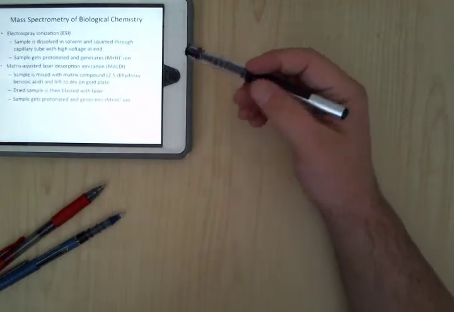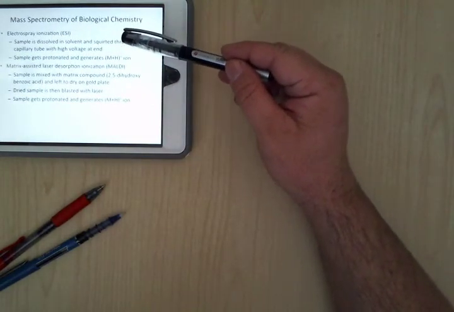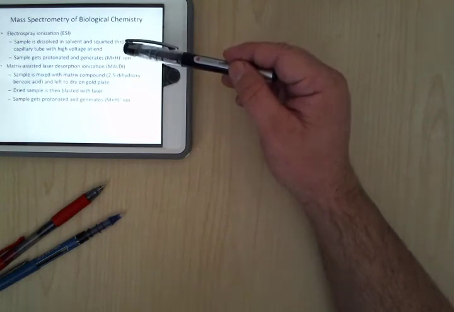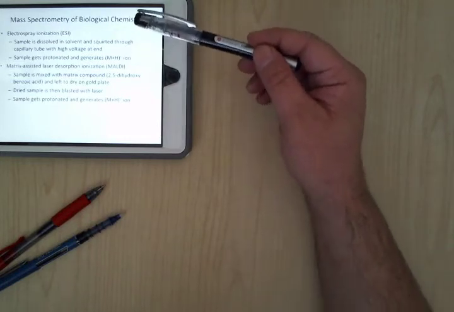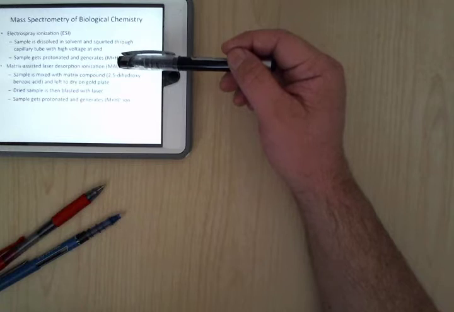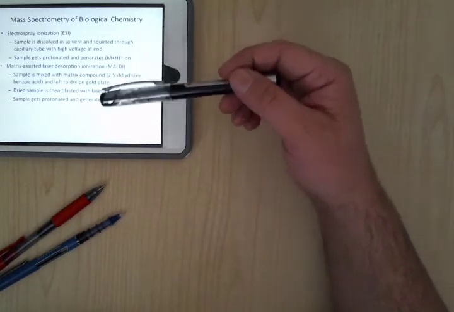So for electrospray, it still goes into the gas phase, but instead of hitting it with an electron, you just add a hydrogen ion, an H+, so it has an extra H+ associated with it.